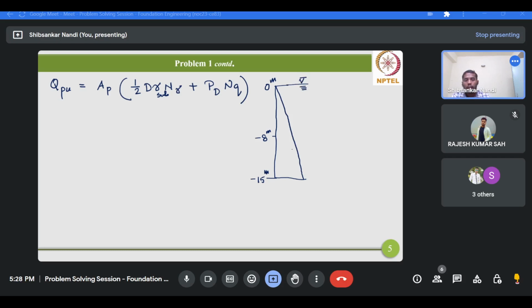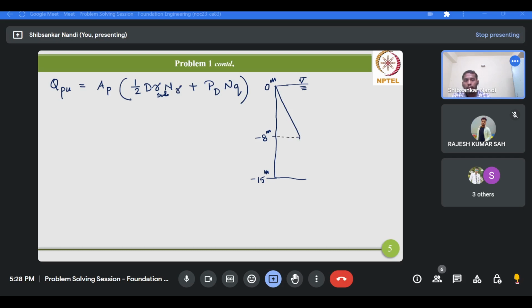Now as per the critical length concept, this will not be the scenario, because the effective overburden pressure will increase linearly only up to the level of critical length.